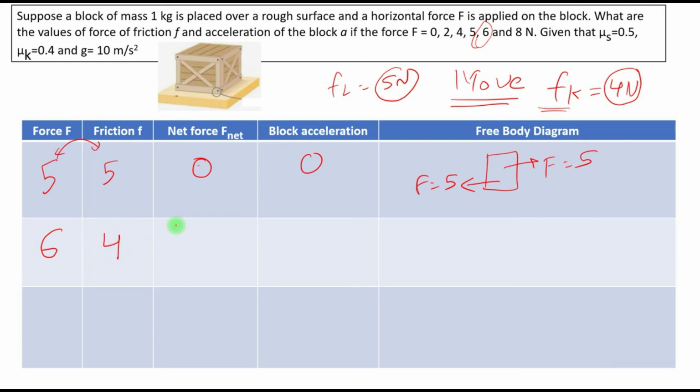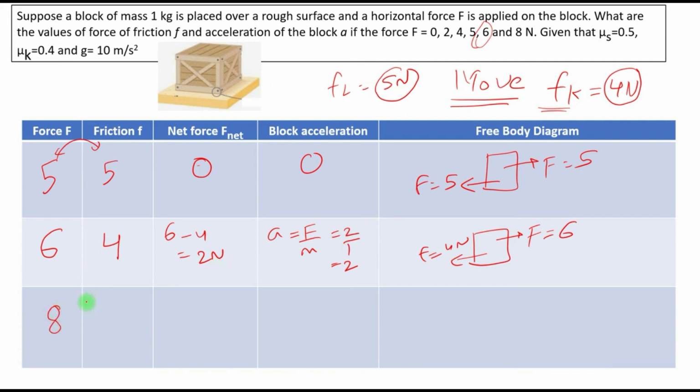So the net force will be 6 minus 4, which is 2 newtons, and acceleration in this case would be the force divided by mass. So 2 by 1 is 2 meters per second squared. The free body diagram for this will be capital F, which is 6, and a friction of 4 newtons. Alright, let's take a last example when the force is 8 newtons.